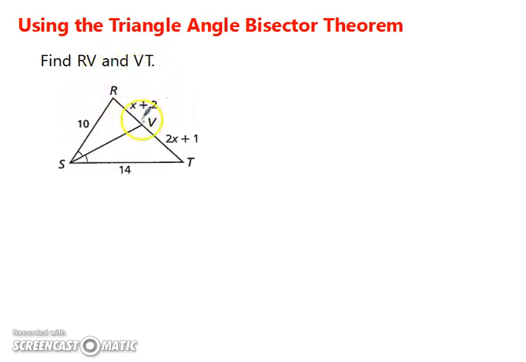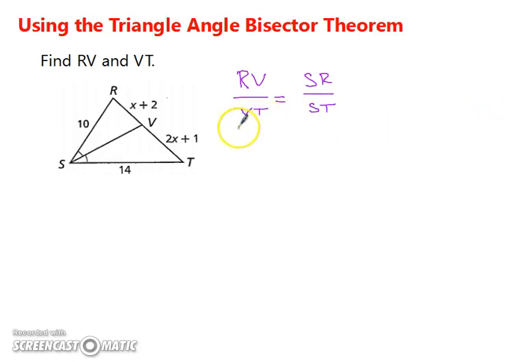To do so, we might want to start by setting up a proportion. So we have RV over VT equals SR over ST.